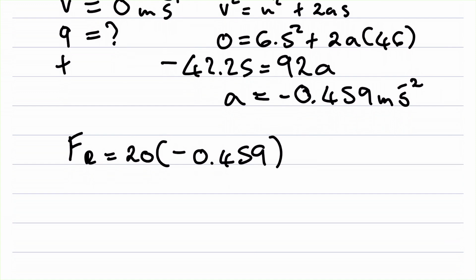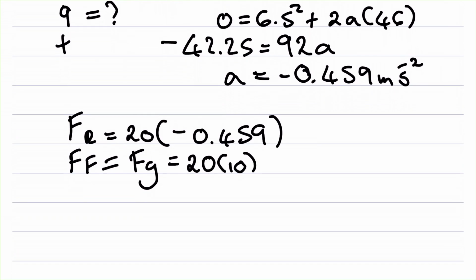So resultant force will be this, and then our other force will be equal to Fg, remember, which is equal to, let's remember what it was. It was 20 times g.